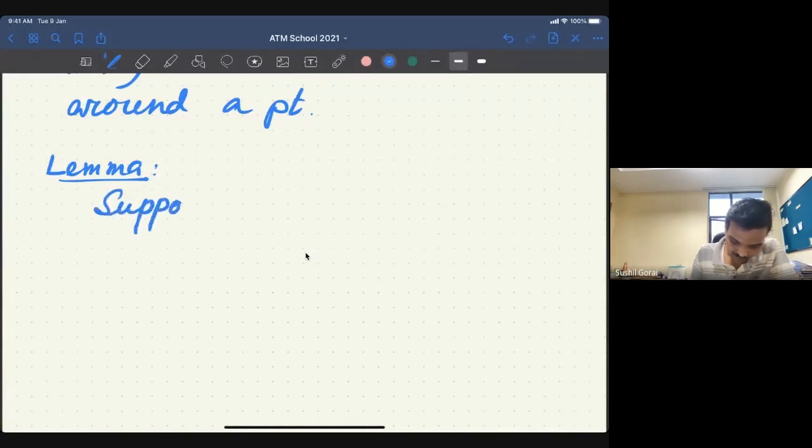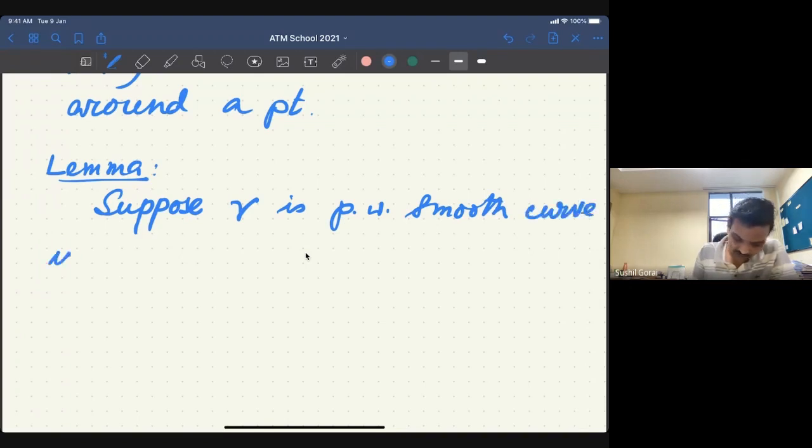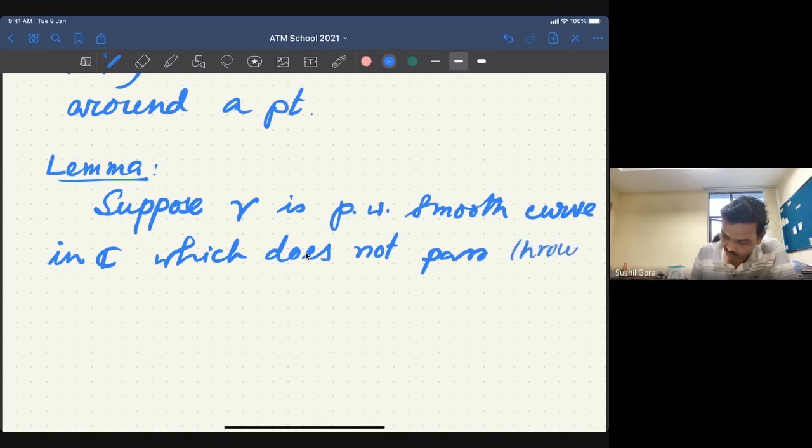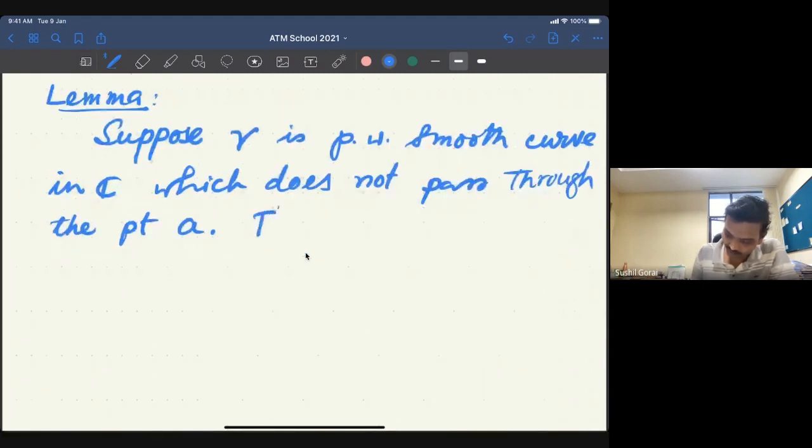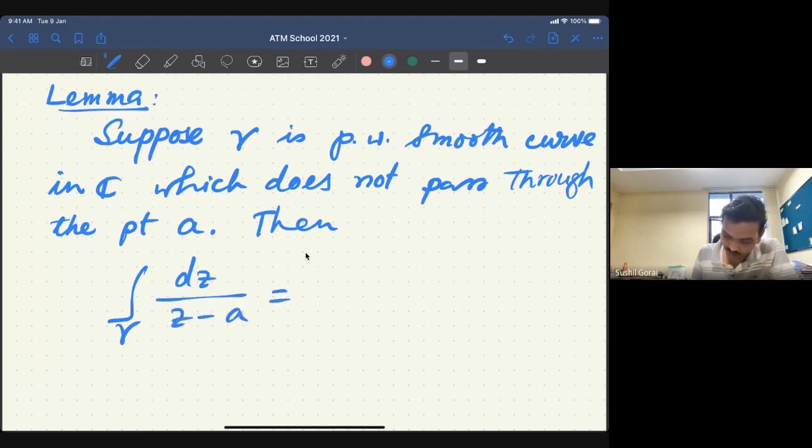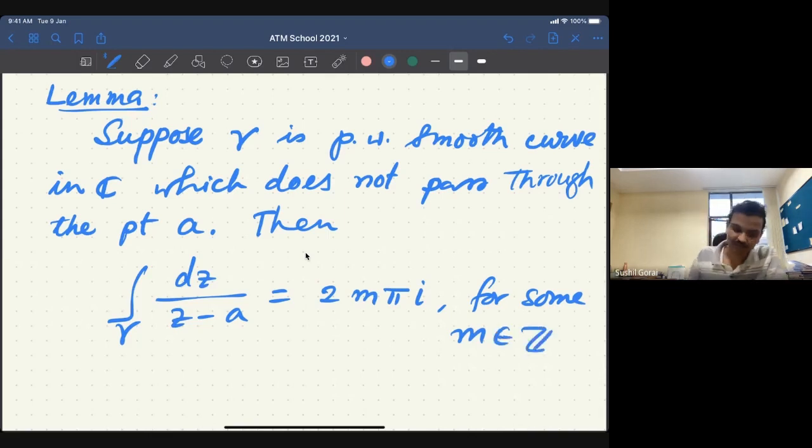Suppose gamma is a piecewise smooth curve in C which does not pass through the point, let's say the point A, then integration over gamma of dz by z minus A is equal to 2 m pi i for some m in Z. All right.